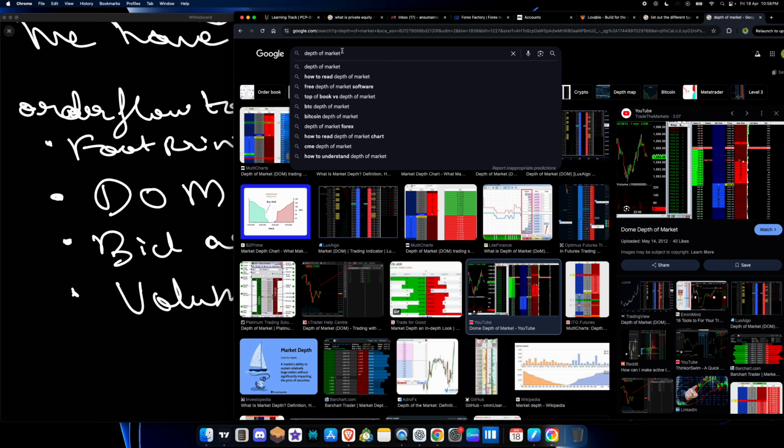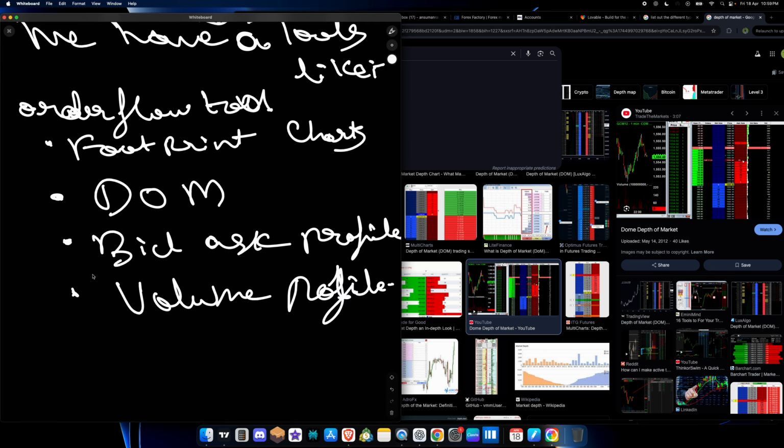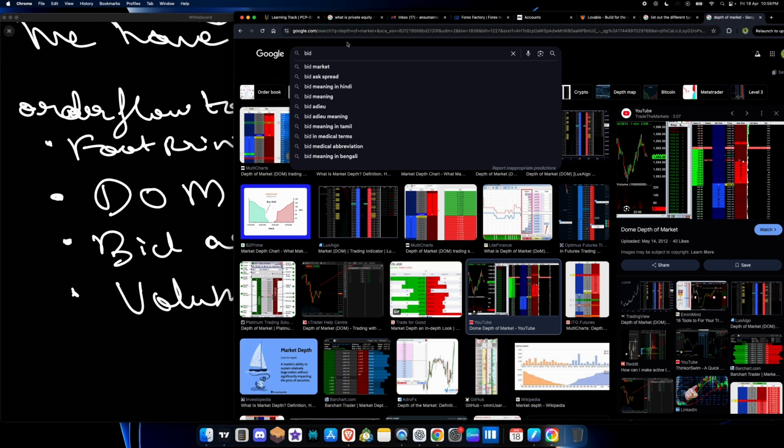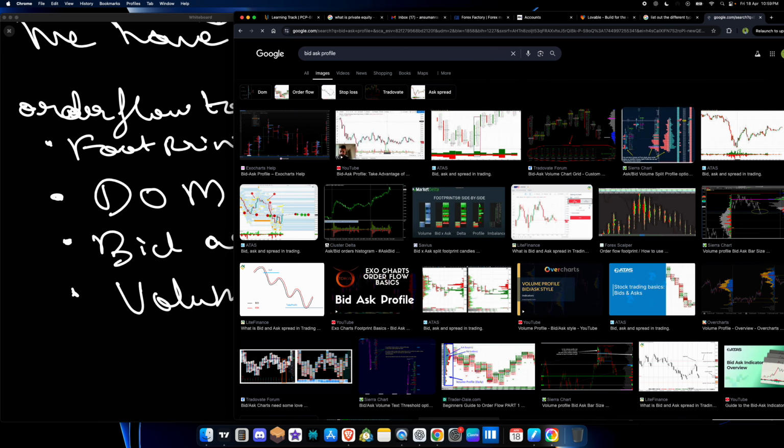And the bid ask profile is something that looks a bit like the footprint chart, but it's a little different.